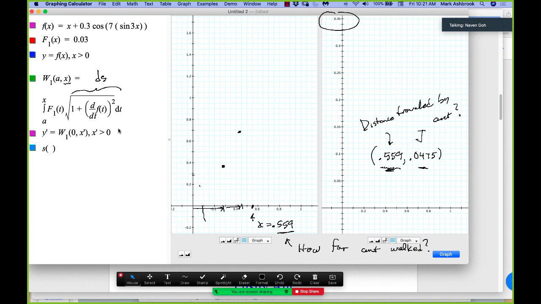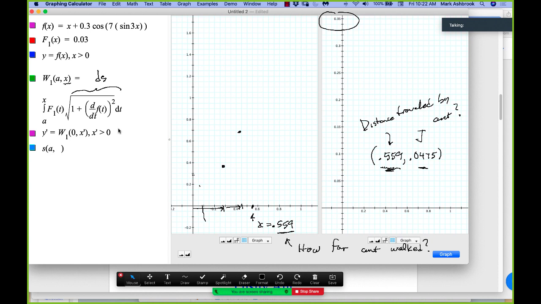Well, force is constant, but x and s are not in a constant relationship. s changes at varying rates with respect to x because it's so wavy. So that's not going to work. All right, so avoid that. Thank you.